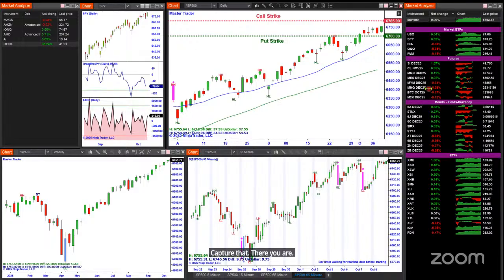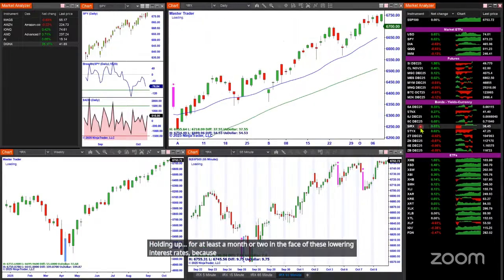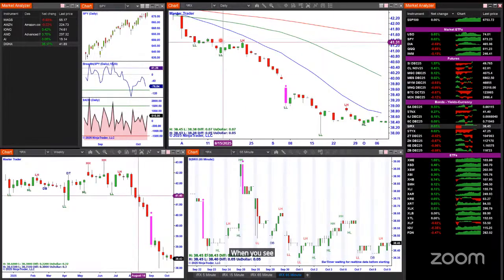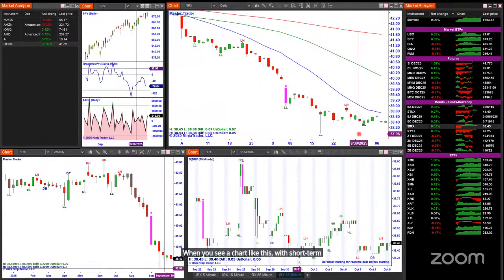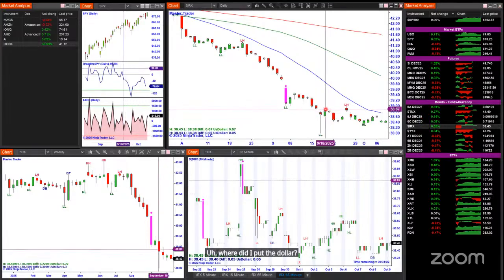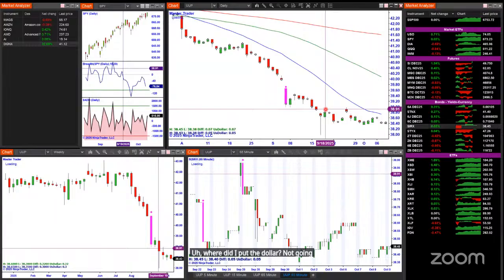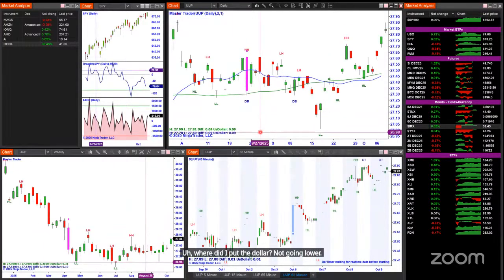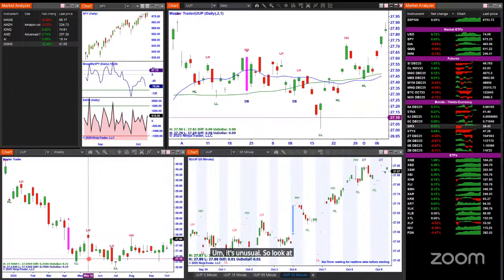Dollar. You know what? The last couple of days, I've been talking about the dollar holding up for at least a month or two in the face of these lowering interest rates, because when you see a chart like this where short-term interest rates are just collapsing, and you see the dollar, where did I put the dollar? Not going lower. It's unusual. So look at the weekly chart.